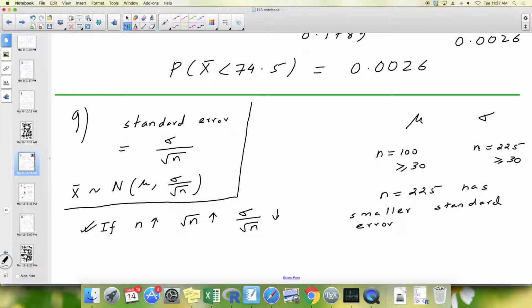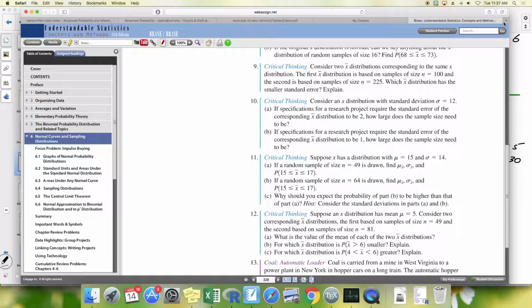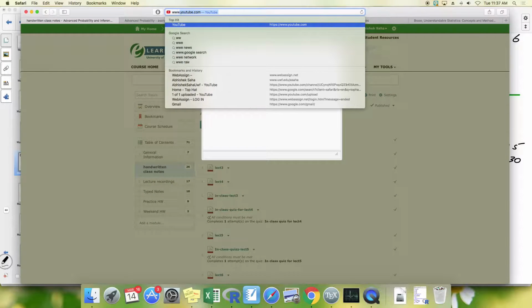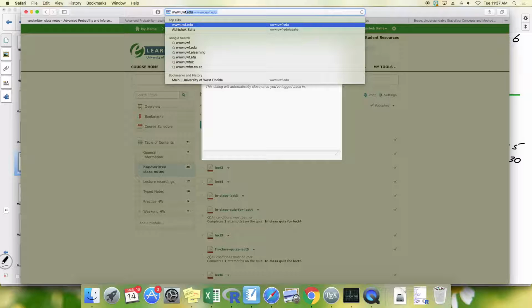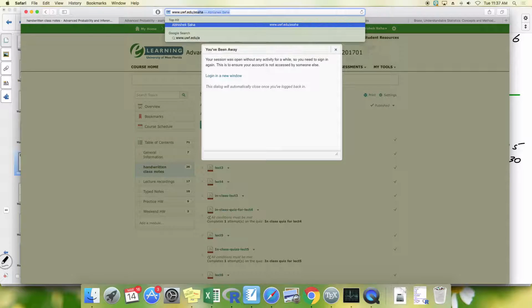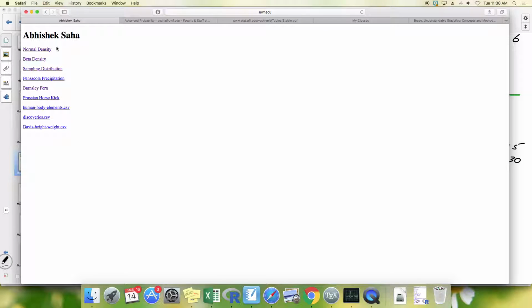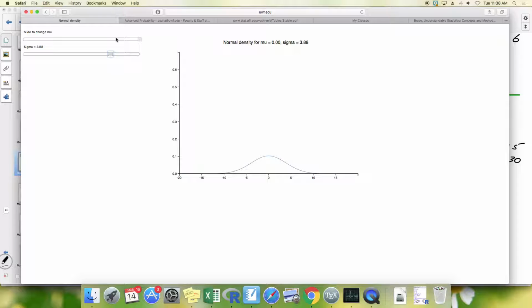Now, although they are not asking for this, we know from the class, if we go to my website, so we know that if we shift mu, keeping sigma the same, so if we keep the standard deviation the same and take mu to the left, the density goes to the left. If you take mu to the right, the density goes to the right.